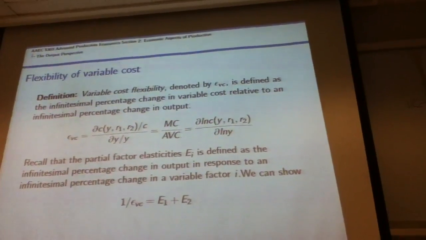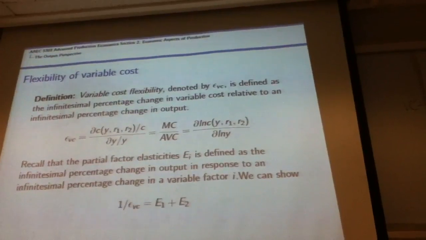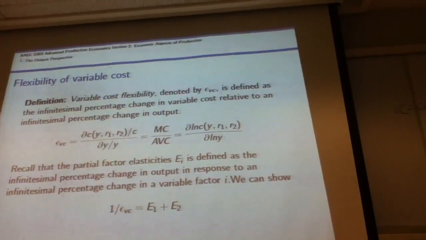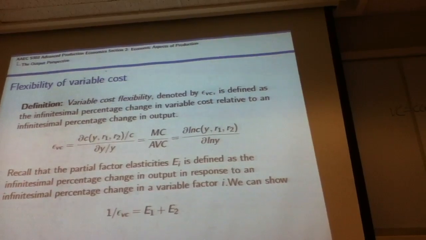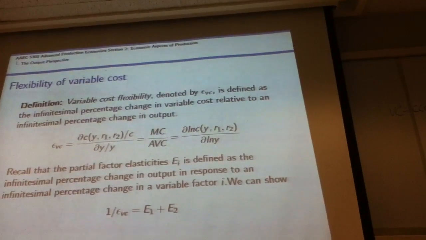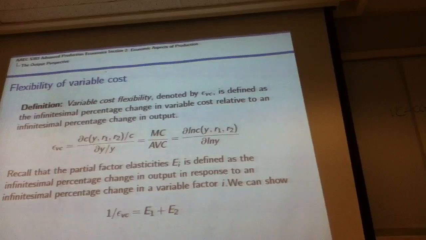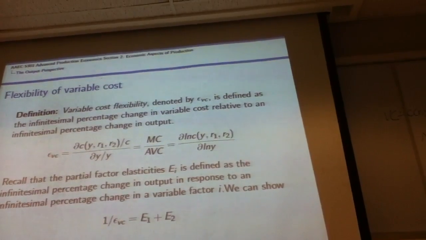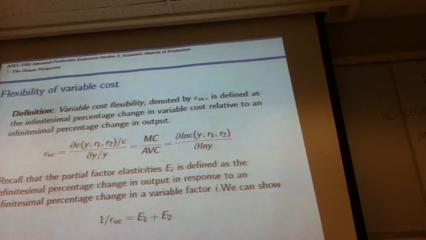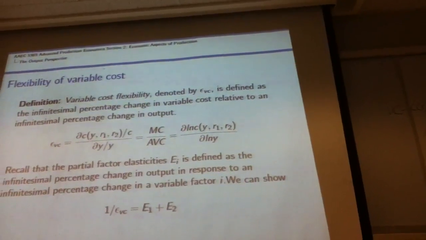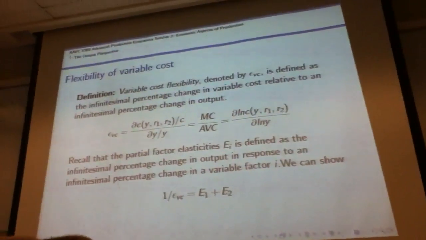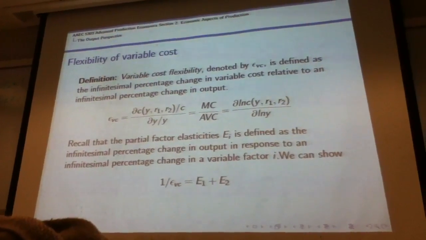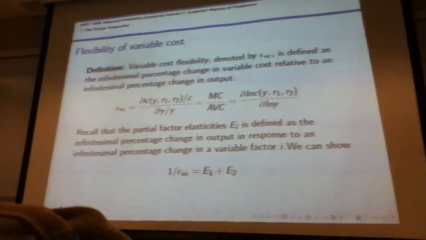That means if you double the output level, then the variable cost is going to less than double. You save some cost by increasing size. Okay. Now if it's operating at this diseconomy of scale, that means if you double the firm size, the variable cost is going to more than double. Okay, so it's not good to increase size.